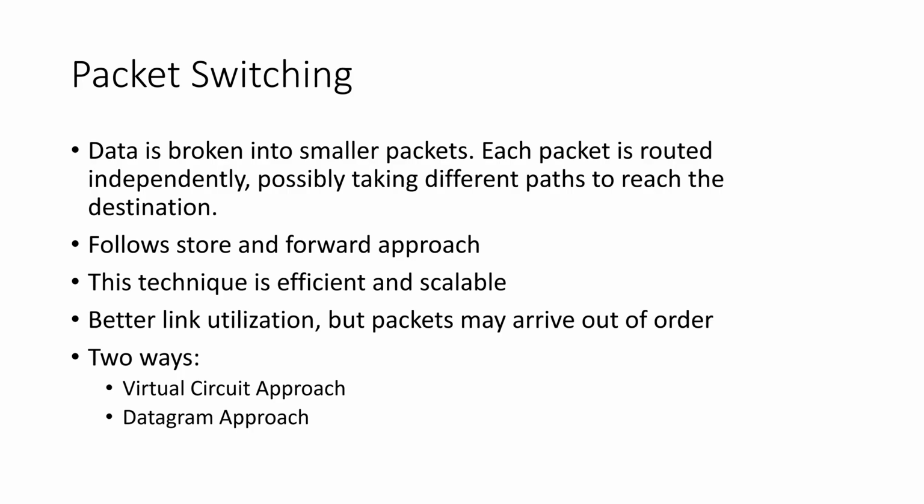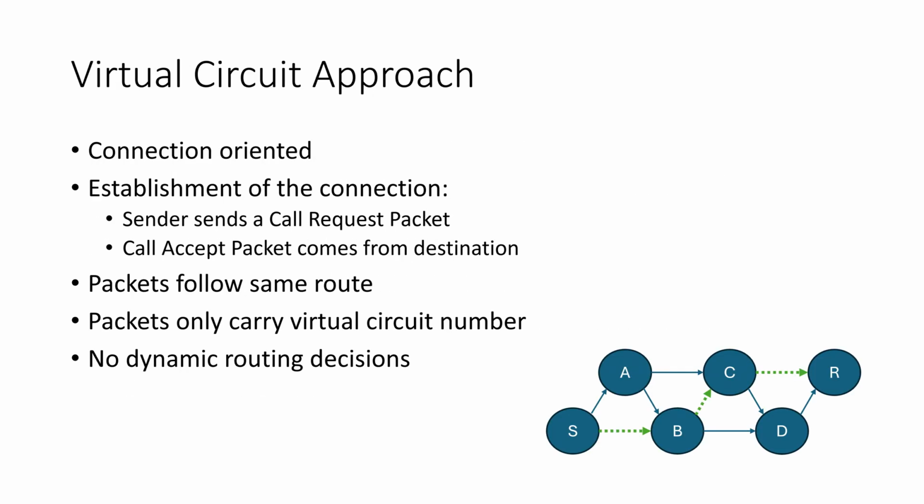Now we have two ways to transmit the packets. One is a virtual circuit and the other is a datagram. In the virtual circuit approach, before the data is sent, a virtual path is established through the network, like a temporary private lane. All the packets follow the same path which is made during the connection establishment.